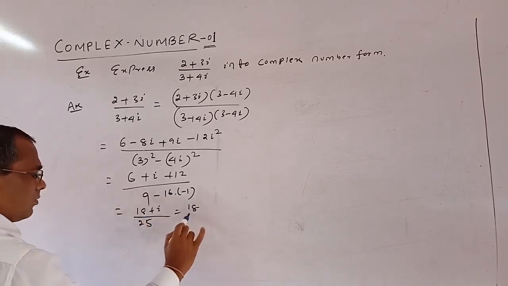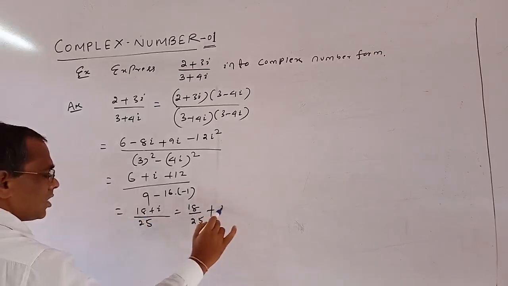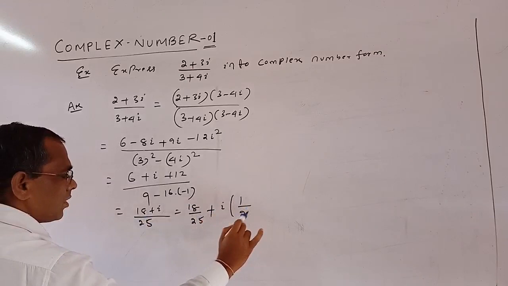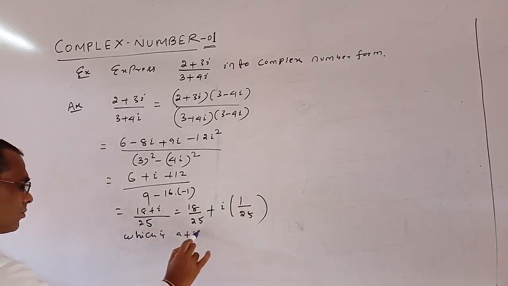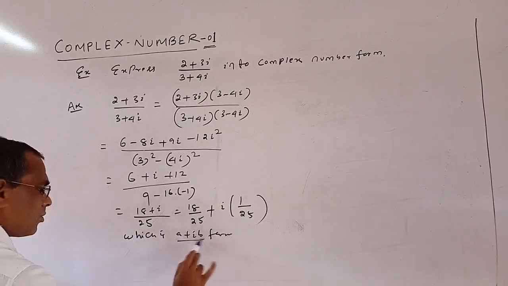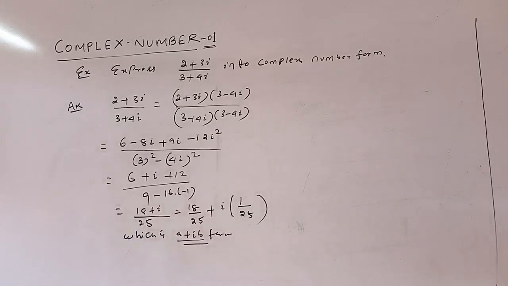So 18 by 25 plus i into 1 by 25, which is a plus ib form, the general form of the complex number. Here the real part is 18 by 25 and the imaginary part is 1 by 25.